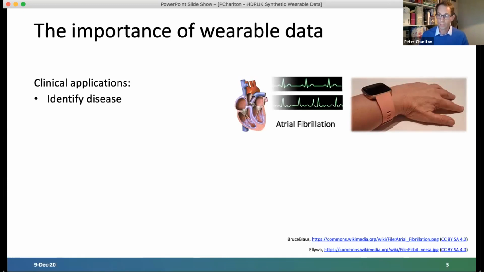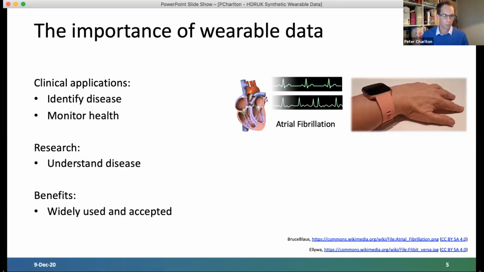There's a standard treatment for it, which is to give anticoagulation to reduce the risk of stroke, but it's difficult to identify, partly because it may not cause symptoms, and partly because it can occur only intermittently. And so wearables provide a new opportunity to detect atrial fibrillation in daily life.